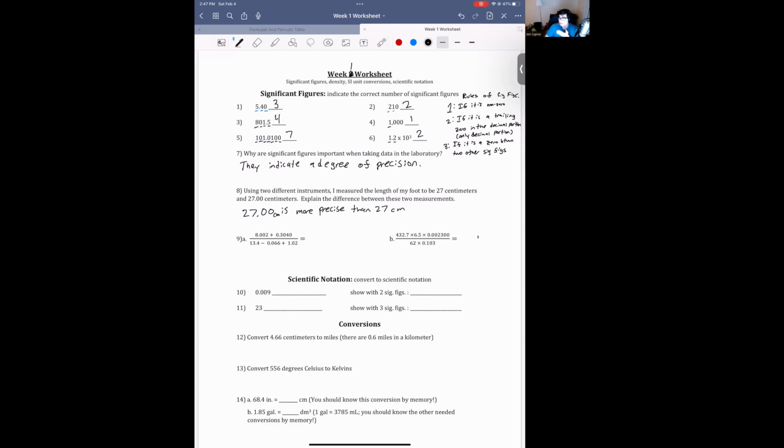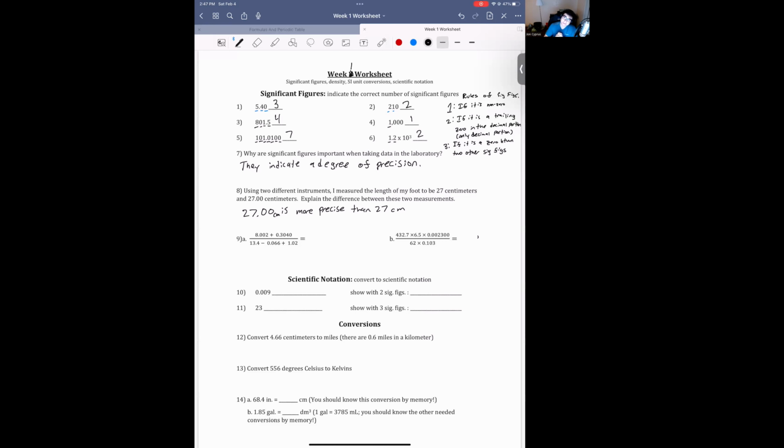Essentially, what this means is that you know that it's 27.00, to the 100th decimal place, versus the 27 centimeters, you don't really know. You know, like from your instrument, it says it's 27, it's close to 27. But it's not as exact as the other instrument. So 27.00 is more precise, 27 is less precise.